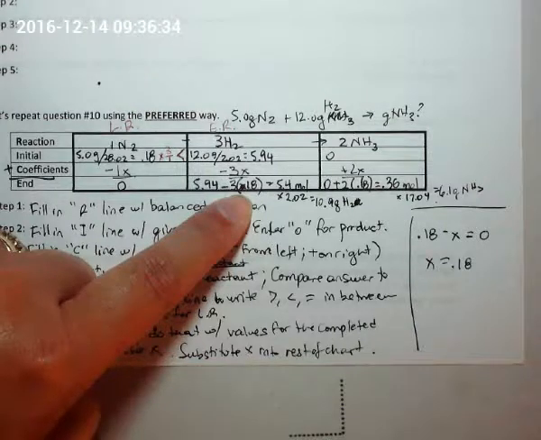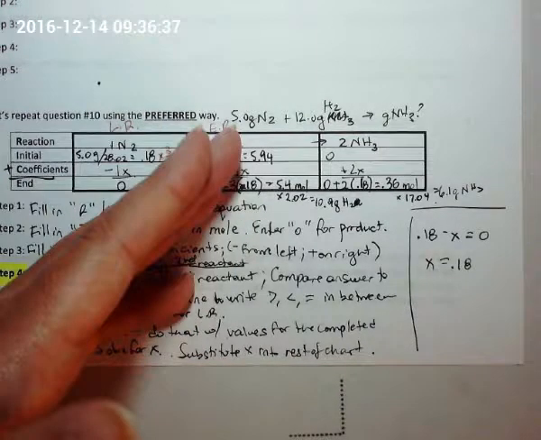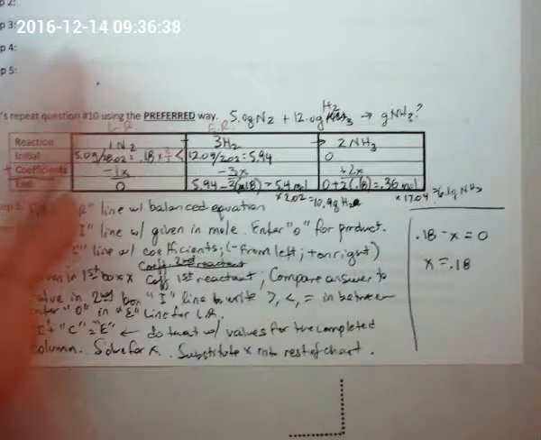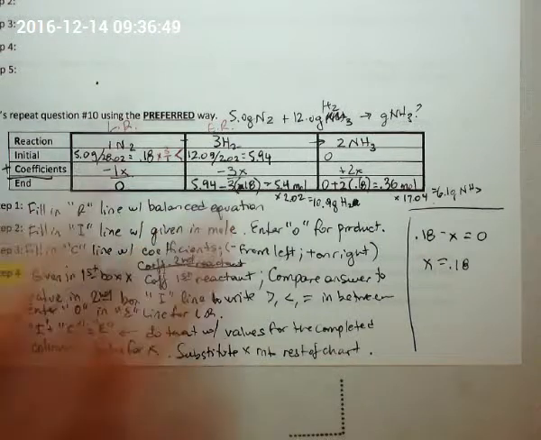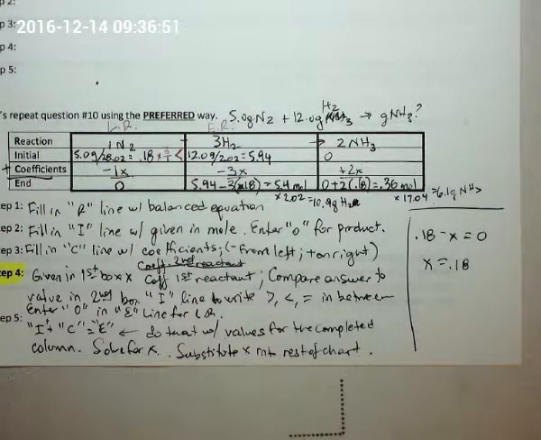You could write an algebraic expression from either column. The value for x would be the same, right? You'd solve for x. Both are limiting because both would go away. So you would just put in a 0 there, 0 there. If you use either column to figure out what x is, and then solve for x, and then plug it into the last column to figure out how much product you made.